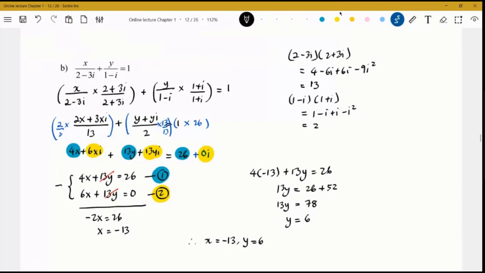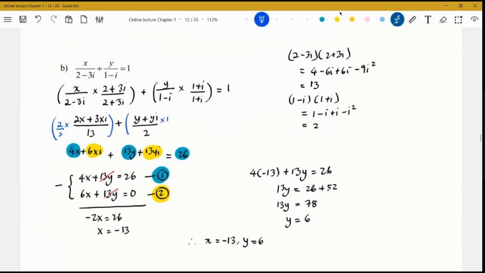Madam, mau tanya, yang answer for yang Madam highlight tu kan, yang 0i, I don't know apa tu. Gimana Madam dapat tu? Okay, kejap. Sabar. Saya rasa ada yang tak clear kat sini. Okay. Ini kita nak balance up denominator dengan darab. Tadi kita darab ni dengan berapa?